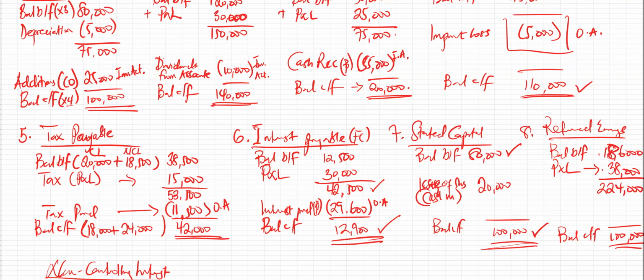But this 224,000 is what we should have owed our shareholders. Now it has reduced to 100,000. What reduces retained earnings? Dividends paid by the parent. How much? 124,000. Okay, good.